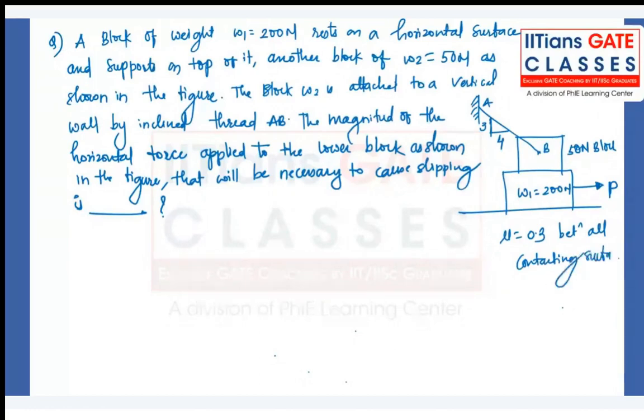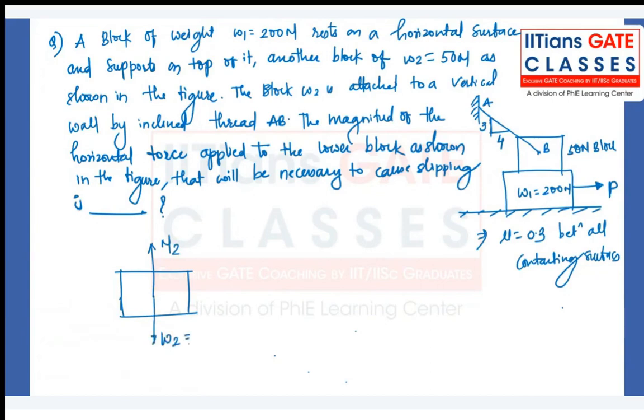Okay, so let's solve this question. First of all, the angle theta you should know. Let's draw the free-body diagram of the block with a 50 Newton weight. You will have 150 Newton force downward, and one normal reaction upward. This is W2, because it's the second block.